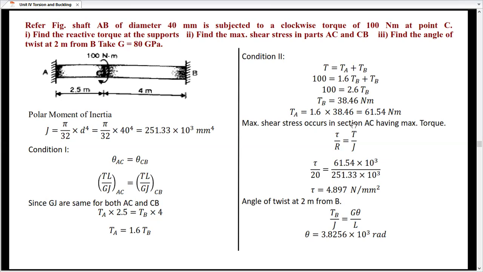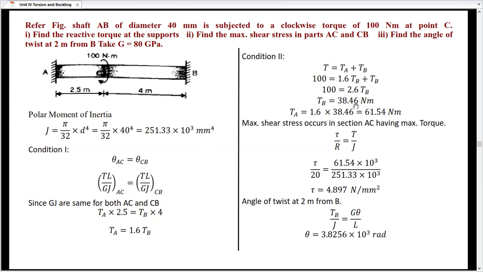Okay. Now the next part is we have to find out the maximum shear stress at the intersection. To calculate maximum shear stress, we have to consider the section at which there is maximum torque. So at A, this section AC is taking torque of 61.54, whereas section CB is taking torque of only 38.46.